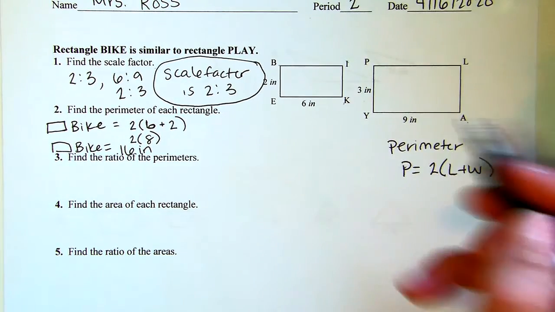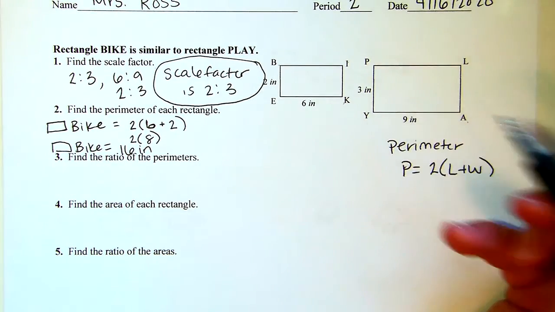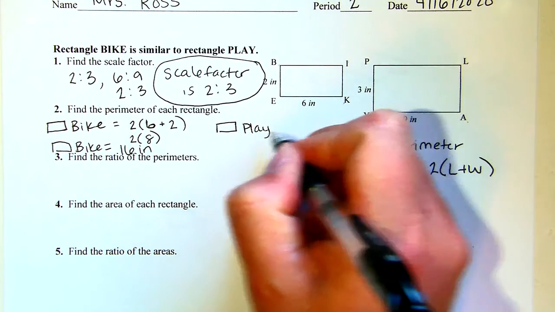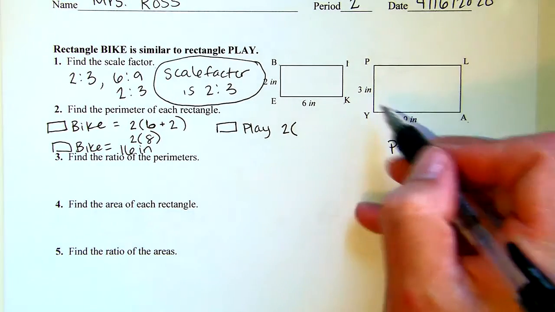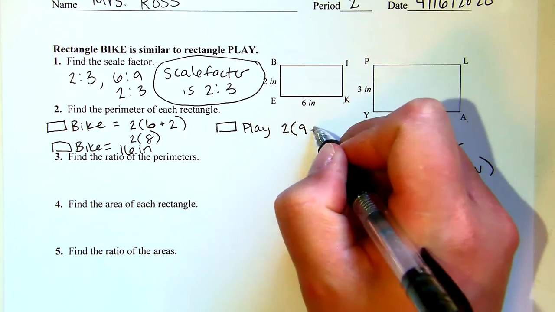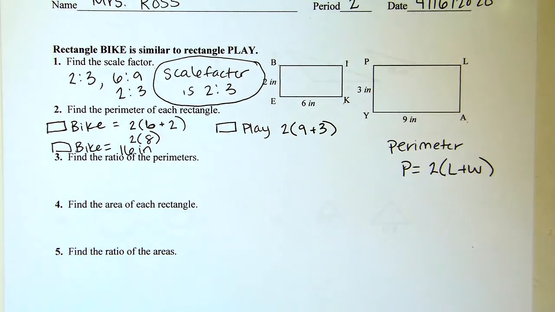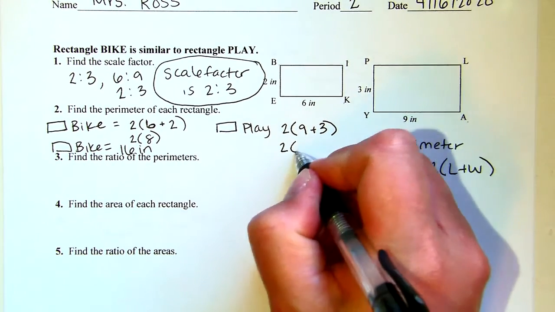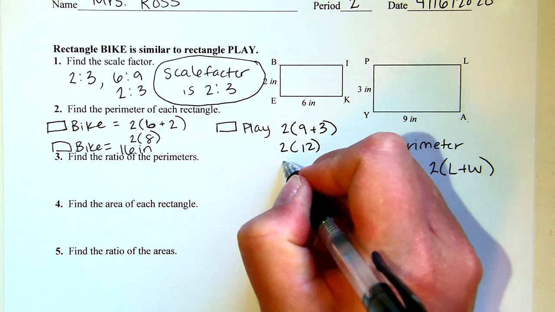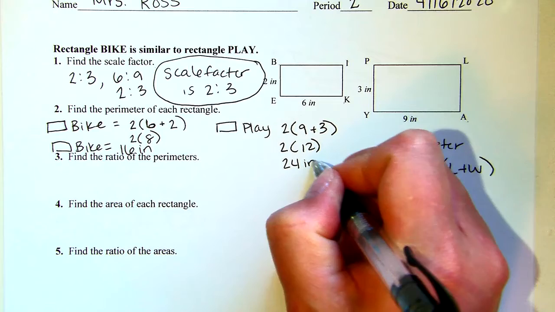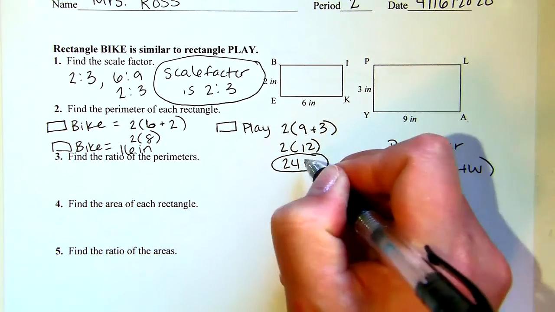Next is going to be play. So rectangle play is going to be 2 times my 9, which is the length, plus 3, the width. So I'm going to go 9 plus 3, which is 12. 2 times 12 is 24. So my perimeter for play is going to be 24 inches.